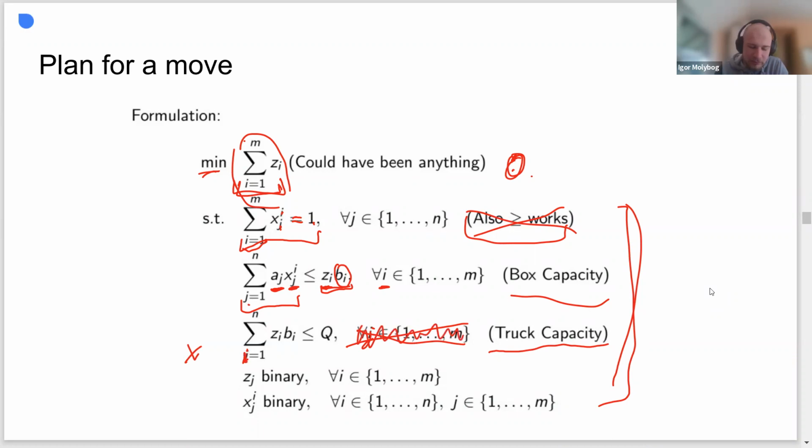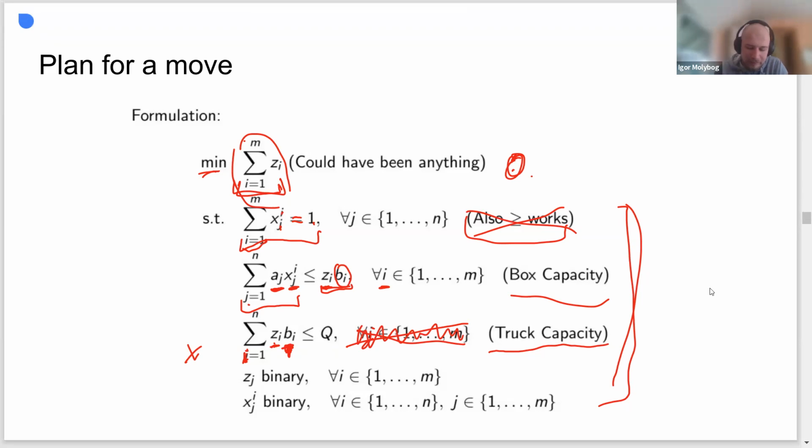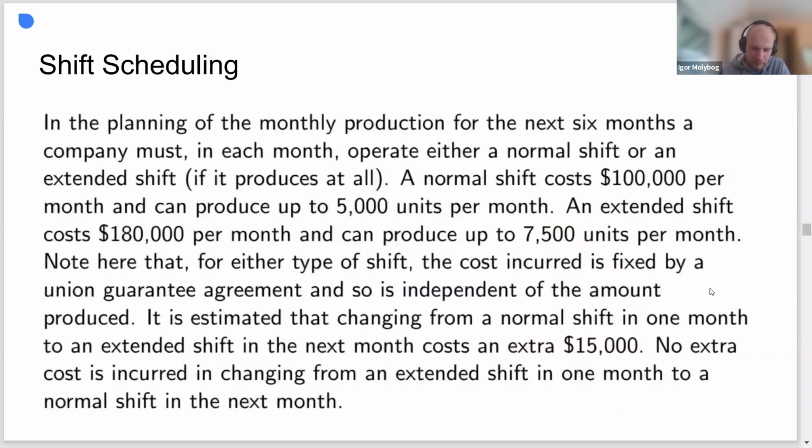It must be a sum over all of the i's of zi times bi. Zi is the indication of whether we take the box I or not, and bi is its volume. Note that here we are having not the total volume of the items that we have put into the box, but the volume of the box itself, because it's not reshapeable really. Right, and now we just need to make sure that we put down the constraints that zi and xij are binary, and we are done.